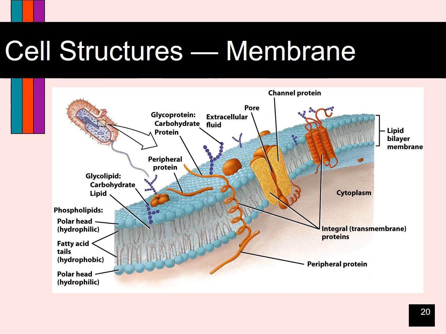So here's the membrane bilayer, and you can see the blue hydrophilic heads of the phospholipids, and then you see those two little, they look like spaghetti noodles hanging down. Those are the hydrophobic tails, right?